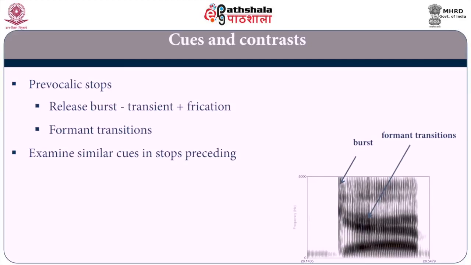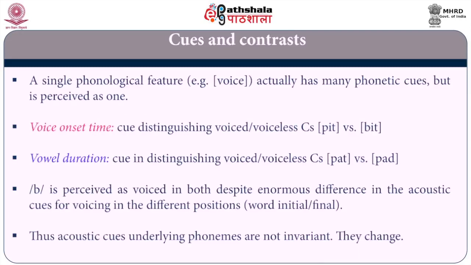But the way the burst, formant, and transition organize themselves differs for different syllables. So you can look at a spectrogram to see how pl is different from, say, cl or whatever.